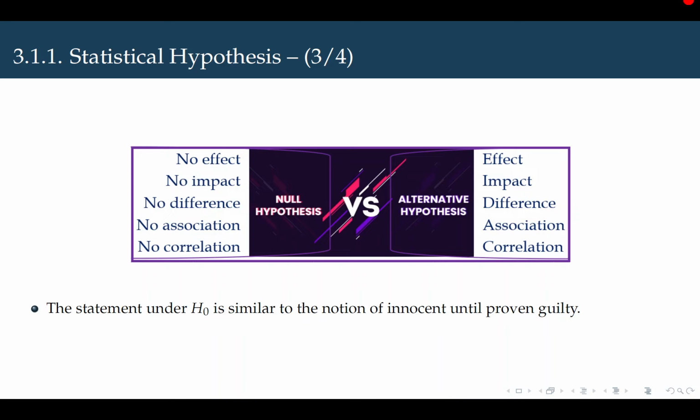On the other hand, the alternative hypothesis states that there is a significant effect, significant impact, significant difference, significant association, and significant correlation. So the null hypothesis always states that there is no impact or there is nothing at all. But the alternative states that there is an impact or there is a difference or there is something. In other words, the statement under H naught is similar to the notion of innocence unless proven guilty.